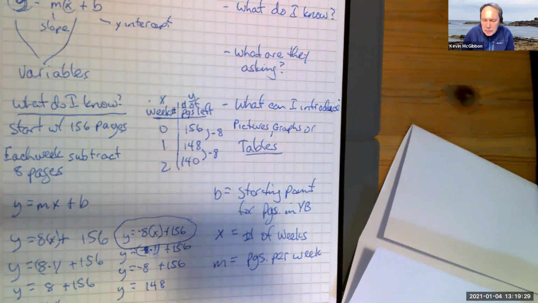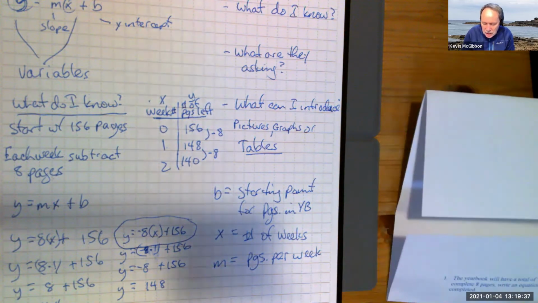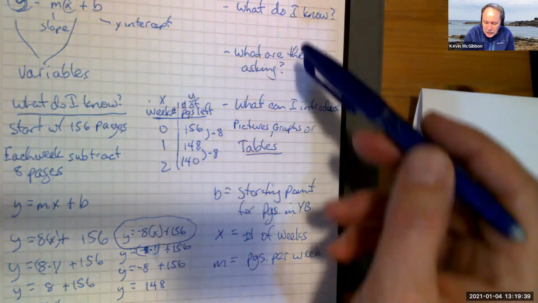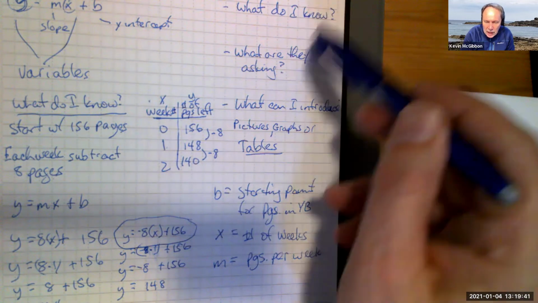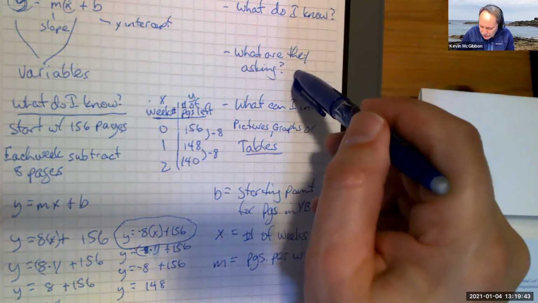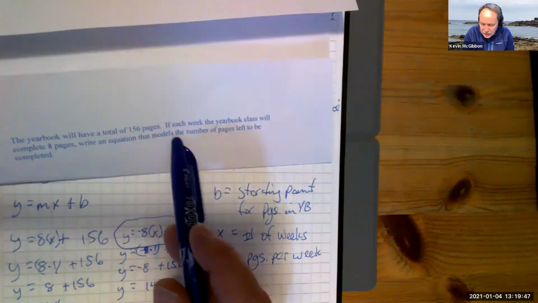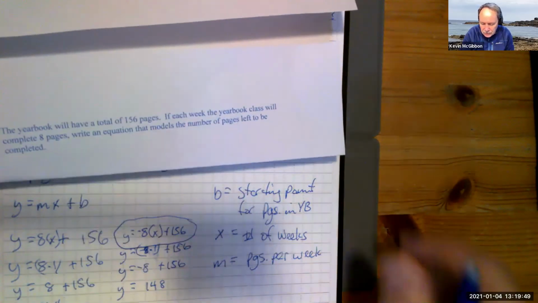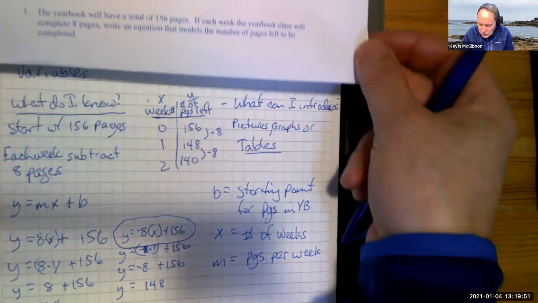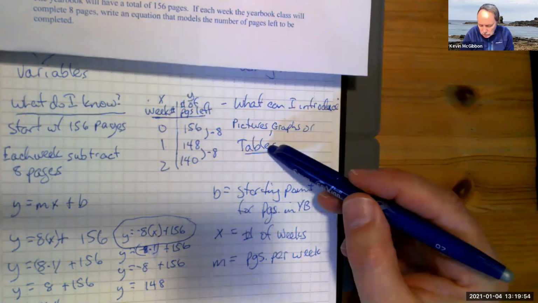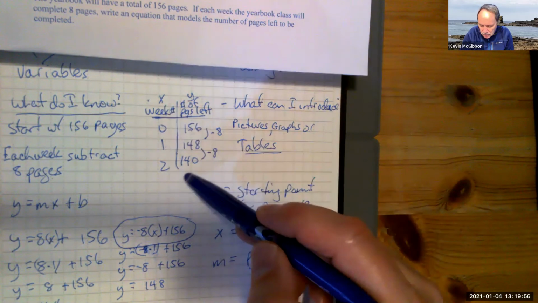I hope you guys wrote this one down, because this is one of the first ones of the homework, actually. We asked what we knew. We asked what they were asking, which is to write an equation that models the number of pages left to be completed. Then we introduced a table, and that helped us.